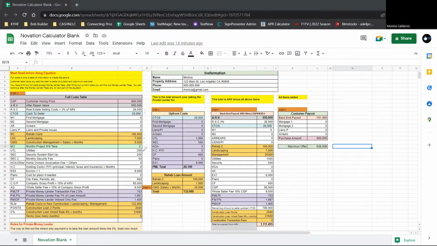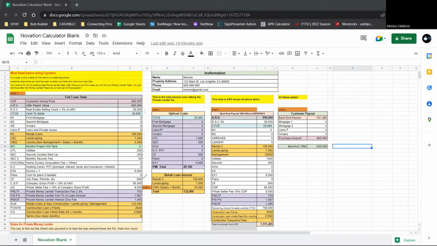Our utilities, our security system, which has a $250 startup and a monthly fee of $50. In this case, we don't have any HOA, no PITI. Our escrow we're setting at $6,000. No need for plans.